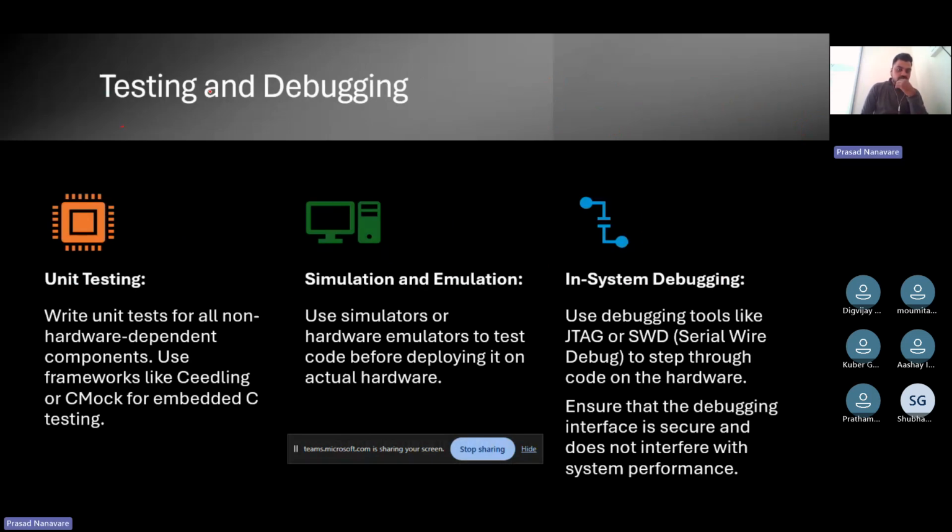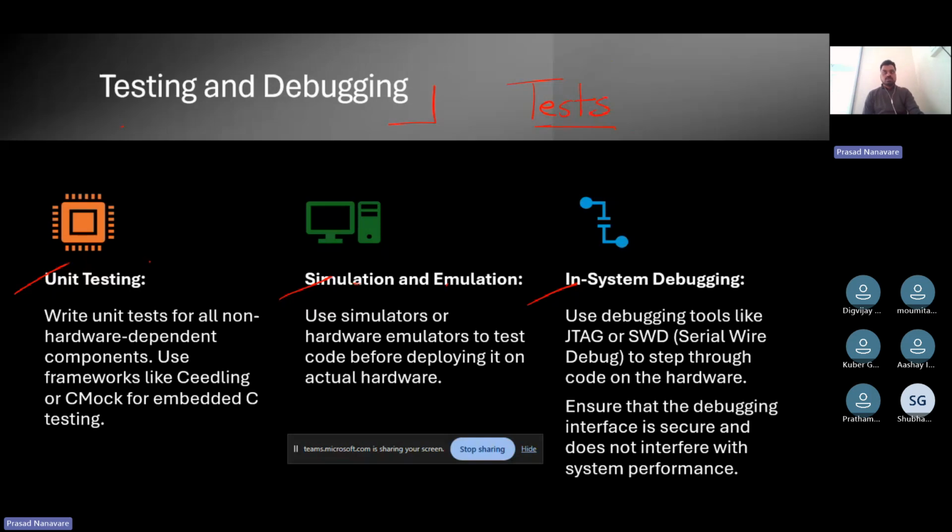Testing and debugging, again this is one category, and best practices are unit testing, simulation and emulation, and in-system debugging. Simulation and emulation tools we have also seen. Unit testing is like, I just want to ask you, have you written any unit tests so far? You must have done a project in your bachelor's.